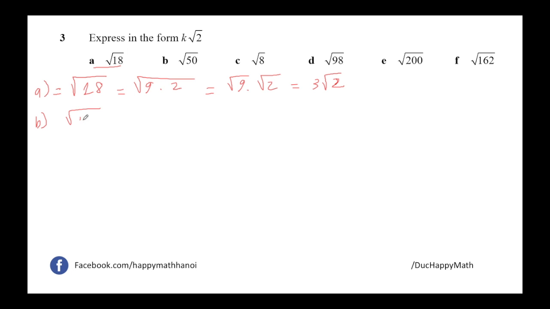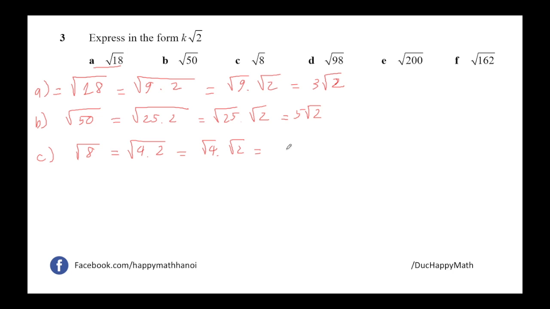In the same way, I factorize 50 equal to 2 times something, so that something is 25, and you separate it into the 2 square roots. The square root of 25 equals 5. 4 times 2: the square root of 4 times the square root of 2 equals 2. Yes. D.